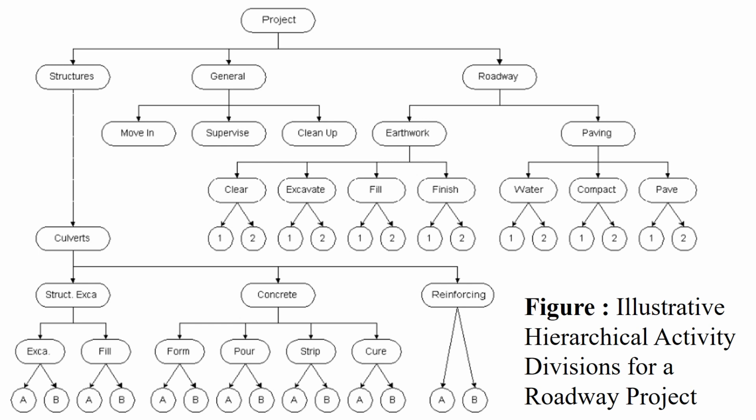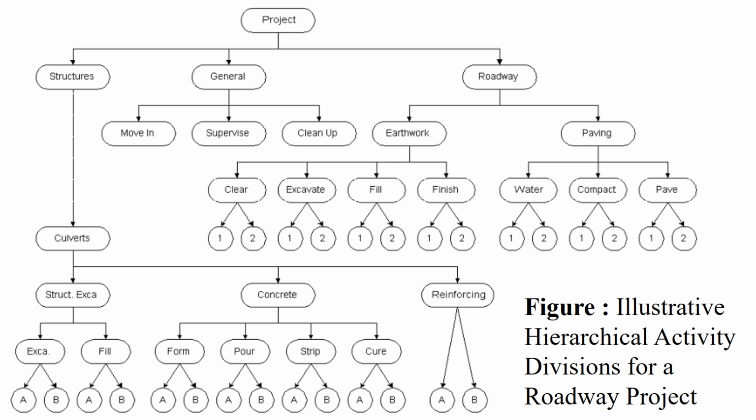In the structure, it is categorized as the culverts, structure excavation, and then excavation and fill. So these are the activities initiated, you can see in the slide itself. Then the major structure is culverts, then structure excavation, then excavation and fill.